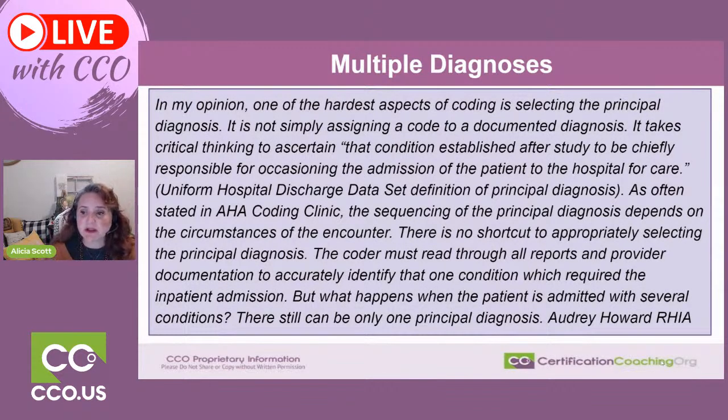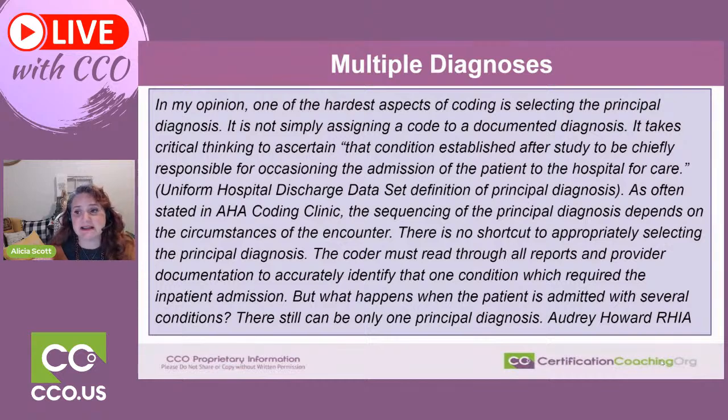So, what Audrey says is that in her opinion, one of the hardest things she does when dealing with the coding for inpatient is to get that principal diagnosis. And she goes on to state that it's not simply assigning the code to whatever the documented diagnosis is. There could be multiple diagnoses.